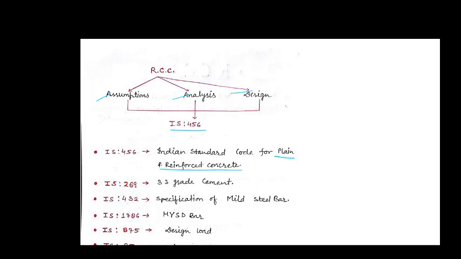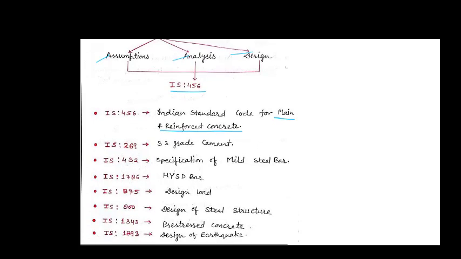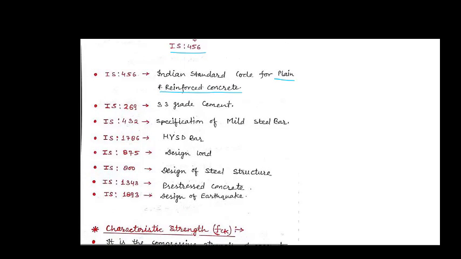For cement grade, because we are using cement here, for cement 33 grade we will use IS 269. As you know that there are three grades of cement: 33, 43 and 53. Okay, so IS 269 is used for 33 grade of cement.